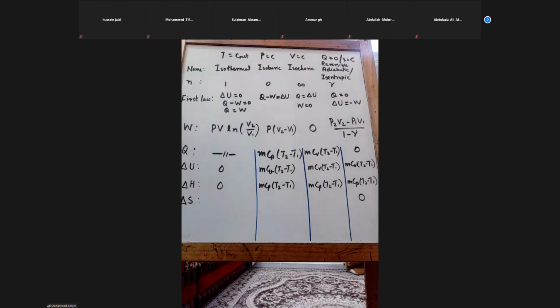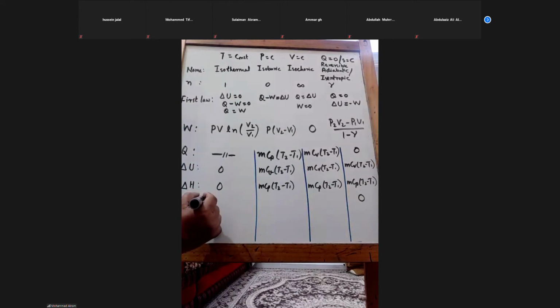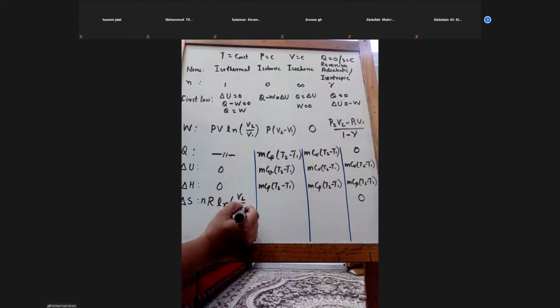You are saying that temperature is the same, so entropy is the same. But you know that entropy also changes with the volume, right? And pressure. So, of course, temperature is constant, but other values are changing. Yes. So it is equal to n R natural logarithm of V2 by V1.